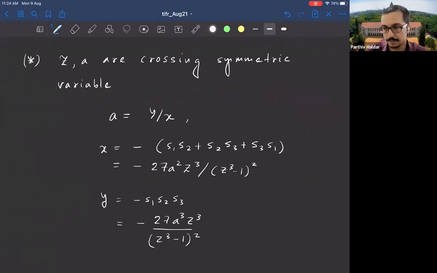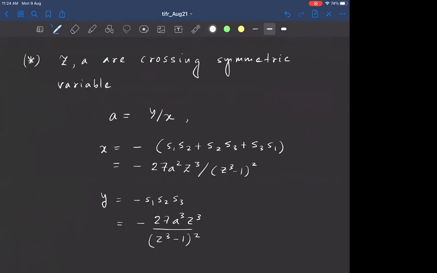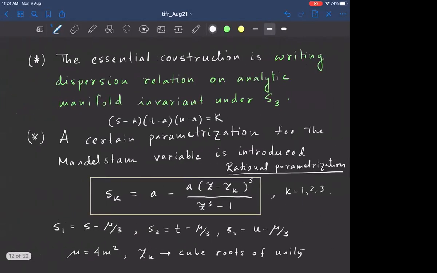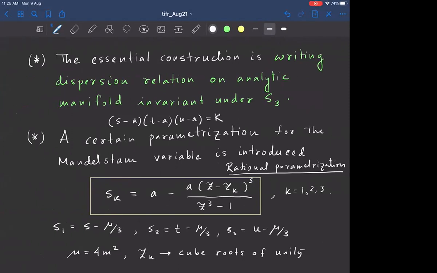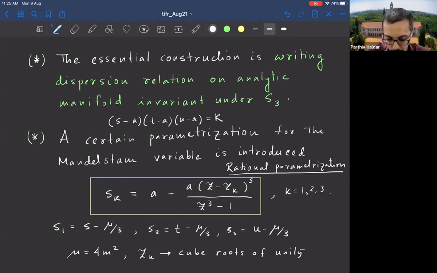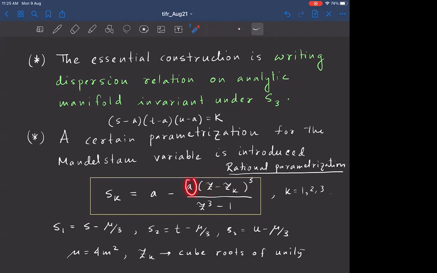Right. So Parthiv, I'm a bit confused. Can you go back to the previous slide, please? Yeah. So here S1, S2, S3 are related to S, T and U. Yeah. And you are parameterizing these three variables in terms of one variable z. No, there are two variables. One is z and another is A. So essentially you have two in the problem.